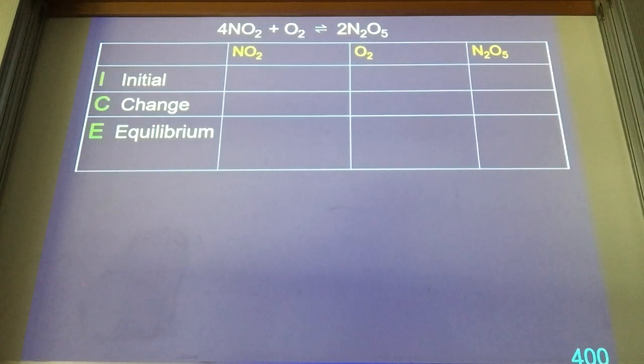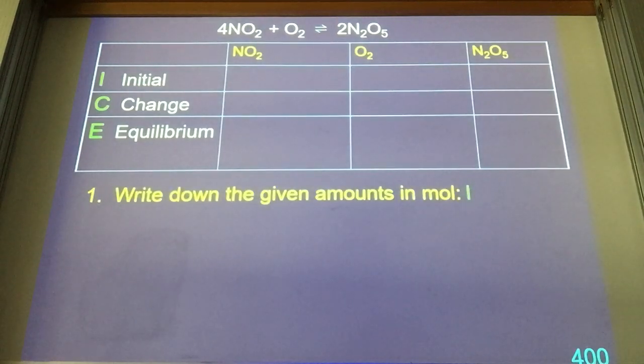So, what are we told in our given information about the amount of stuff present initially? Well, what was it? 4 moles of NO2 is reacted with 1 mole of O2 and 1 mole of N2O5. What else does it tell us in the question?